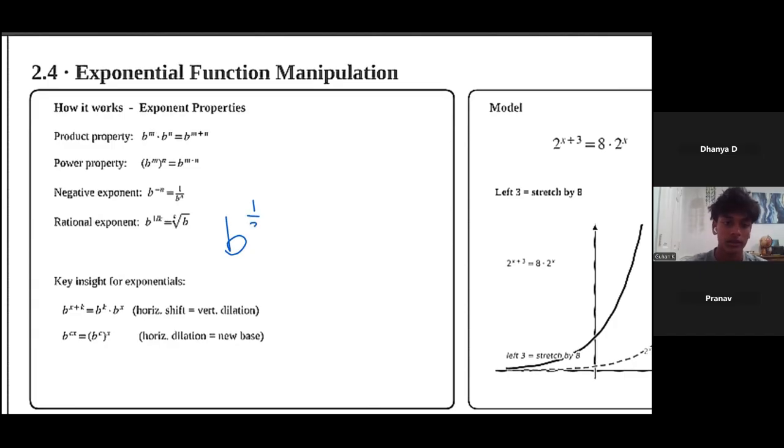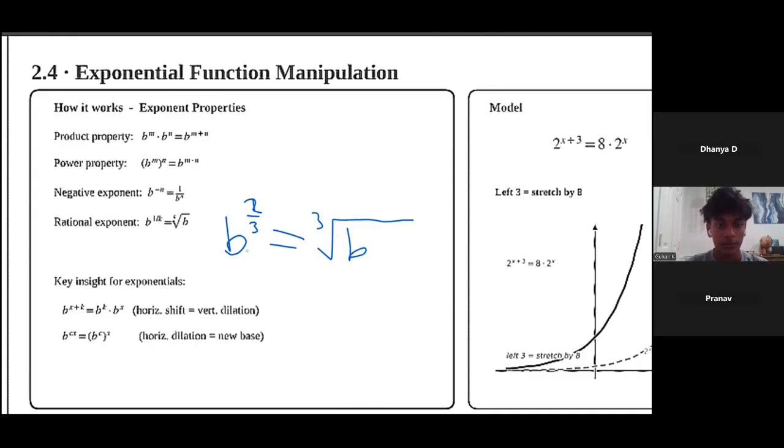That equals a root, not a square root, but the root sign. And then since 3 is on the bottom, we write 3 here. And then on the inside, it's b to the power of whatever's on the top. Since it's just 1, it's just going to be b. If this was b to the power of 2 over 3, it would be the cube root of b squared.